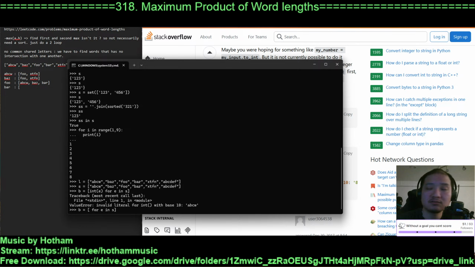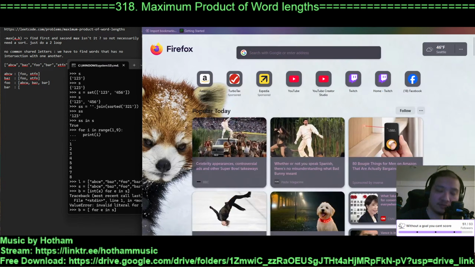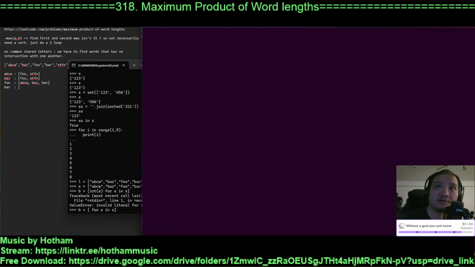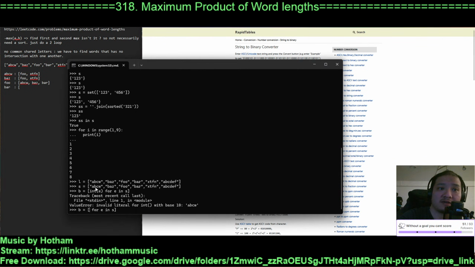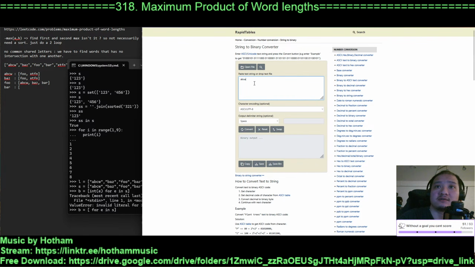Isn't that string ABCW just ASCII added together, right? String to binary, right? For example, you have ABCW, right?